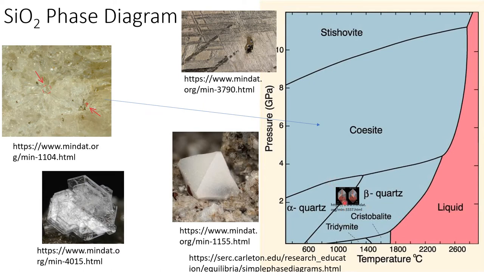So if you have amorphous silica like opal, as in a gem, opal is not stable, and there are articles out there in the geology literature about this, but we think that it eventually will revert to a version of quartz, depending on its pressure and temperature regime. That selection depends on where it is on this phase diagram. You follow the pressure and temperature, and you say, well, it's beta quartz or alpha quartz, depending on which one you're in.